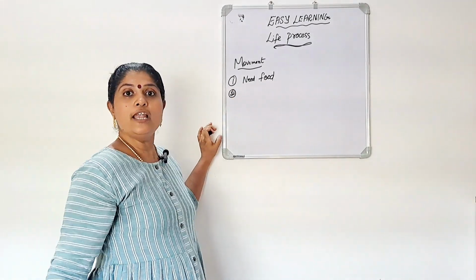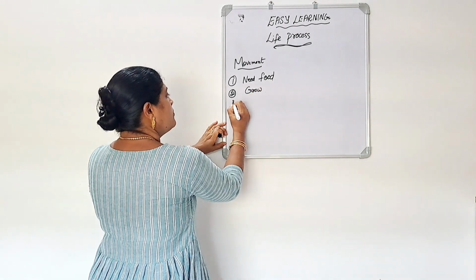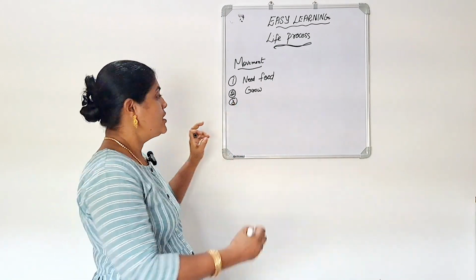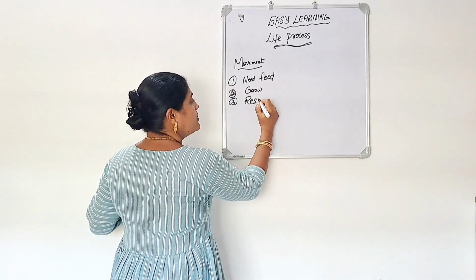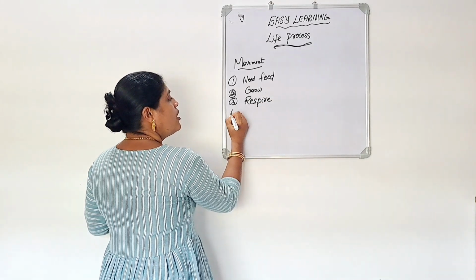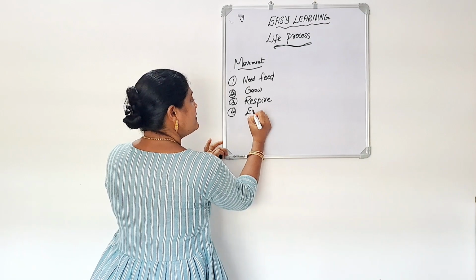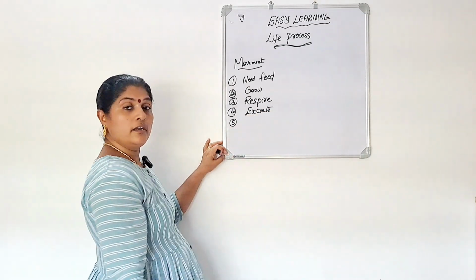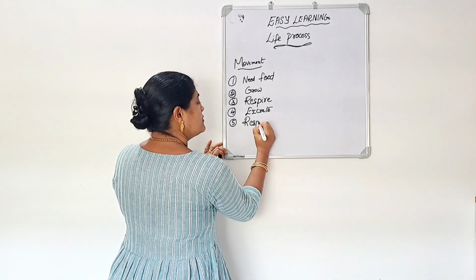Second one, all living organisms grow. Third one, all living organisms respire. Fourth one, all living organisms excrete. Fifth one, all living organisms respond to stimuli.